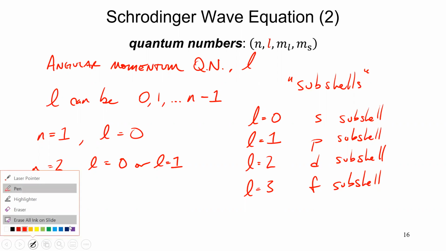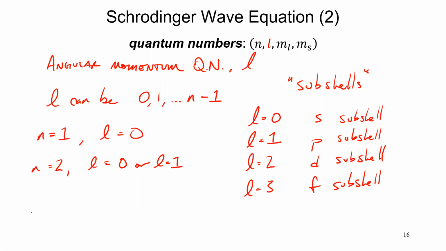Because they don't exist, we don't have particular names. These S, P, D, and F don't go in any real order. They're all based on German words for the shape of the path that the electrons take. I don't even know off the top of my head what those words are. But if there were an L equals 4, we would call it a G subshell, and then we just go up in the alphabet from there.